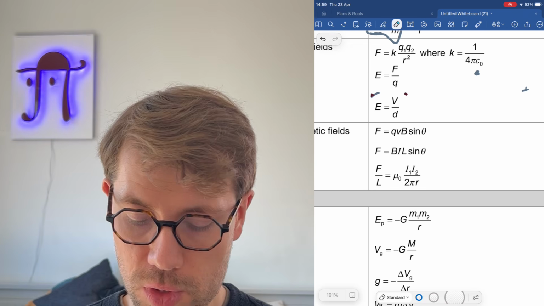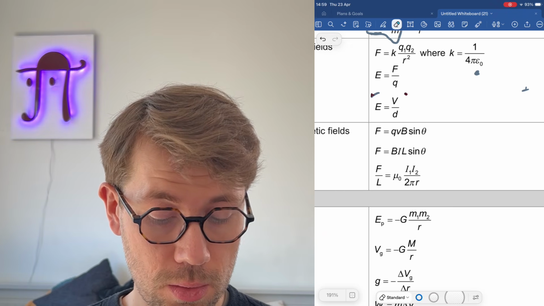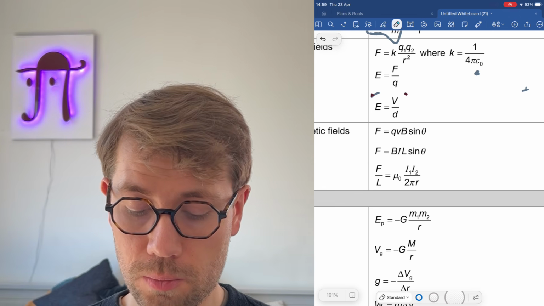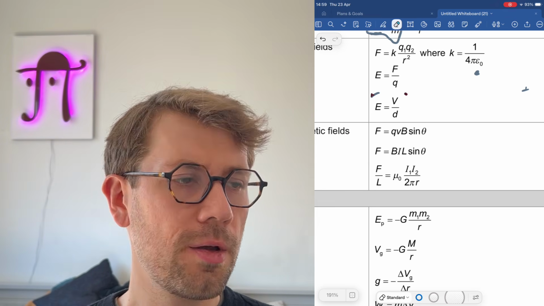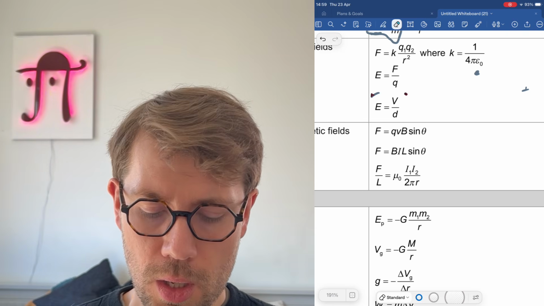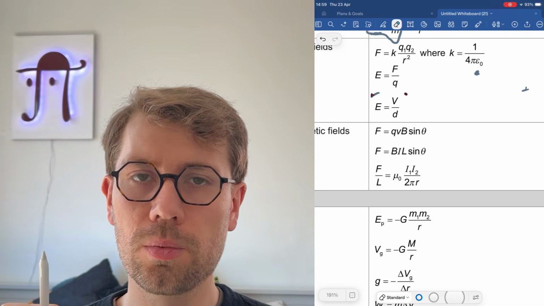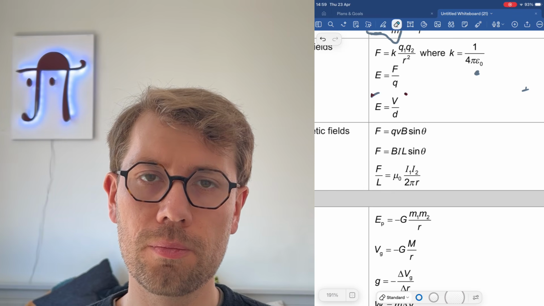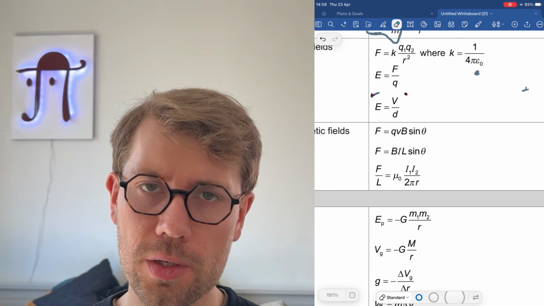So there we just got to think about, well, what's our sine in this case? Sine theta. Well, that's going to be the angle between the two vectors that we've got. Which ones do you think are the vectors? The magnetic field, the current, or the length? Length's a scalar, it's just how long something is, it doesn't have a direction.